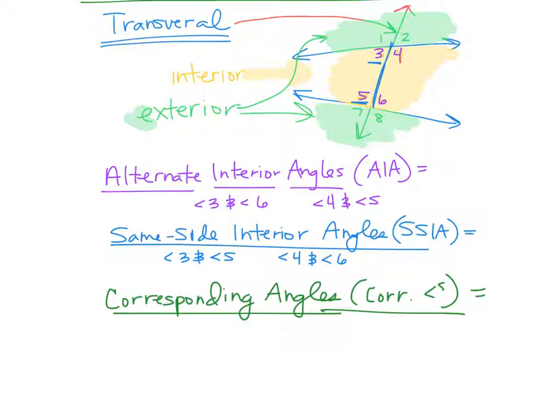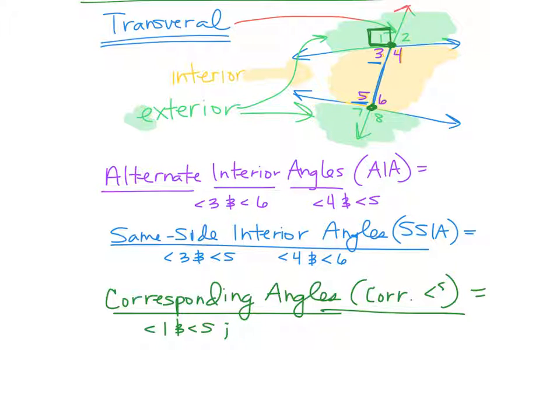So corresponding angles will sit in the same place in relationship to the vertex. So here's a vertex up here. Here's a vertex down here. If I'm looking at angle 1, for instance, the corresponding angle on the other vertex is which one? Angle 5. So it would be top left with top left of your 4 angles. Do you see that? Okay, so corresponding would be angle 1 and angle 5.